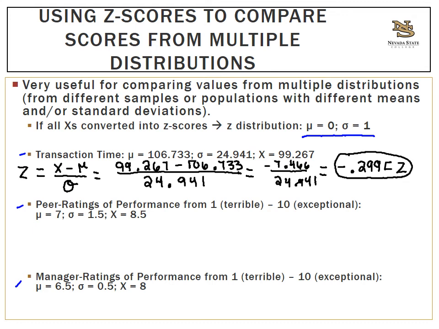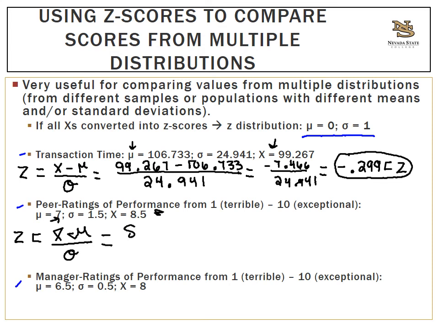So now let's take a look at peer ratings of performance, right? Now look, it would be impossible to compare this mean of 106 to this mean of 7, or this x of 99 to this x of 85, because we're not even looking at the same metric at all. But by converting them into z-scores, we're going to be able to compare all of these values. Here we go. Z equals, same thing, x minus mu divided by standard deviation. So now we're working with a little bit easier numbers.